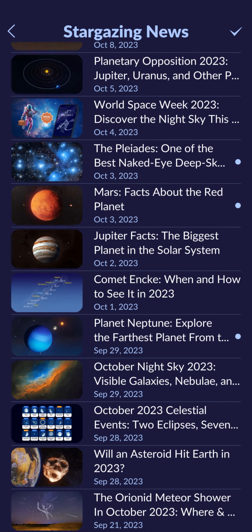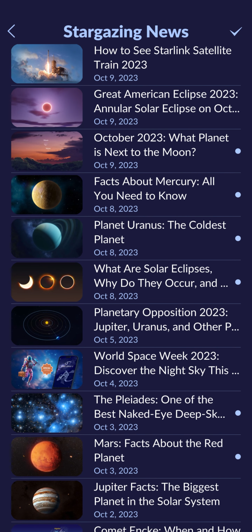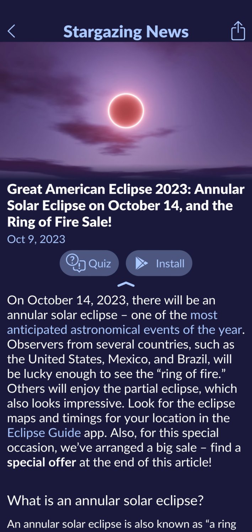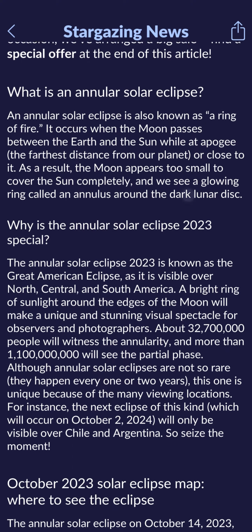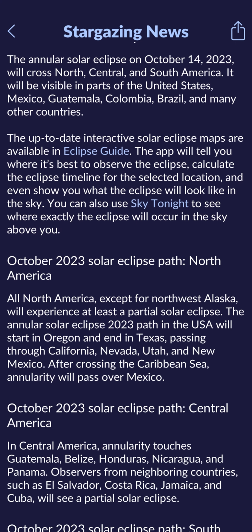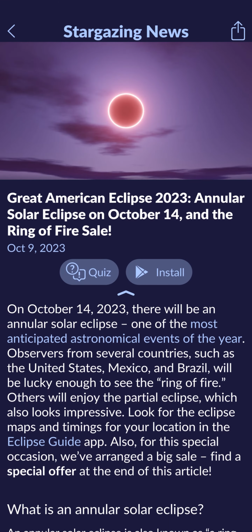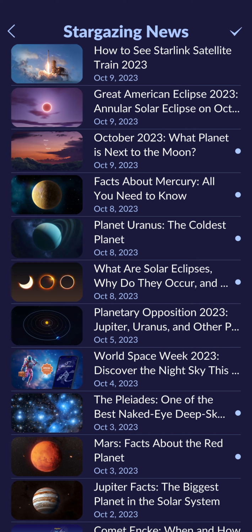For example, this one is about the solar eclipse, which is coming up on October 14. It'll tell you the time, how to watch it, and the best places to see it, and all. I hope you all get to witness this eclipse. It's gonna be cool.